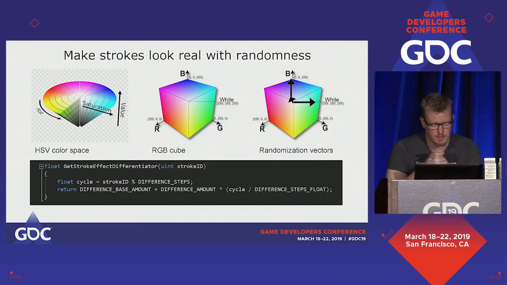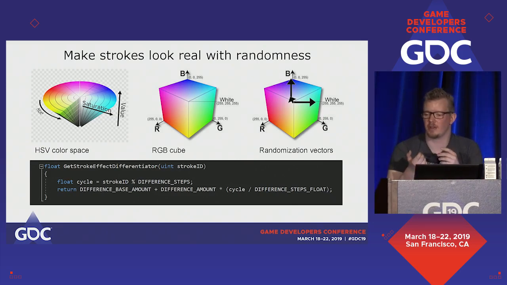The way this randomization is done is, I first tried to use HSV, but I got a lot of flickering and edge cases where it wouldn't work. So in the end, I had to come up with something where, because all the other colors were in RGB, the randomization also had to be in RGB. By looking at the RGB color cube, you can see that if you look at it from the right direction, it kind of resembles HSV anyway.